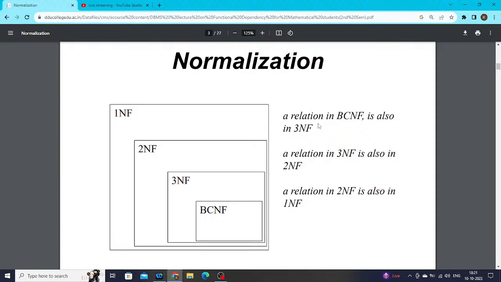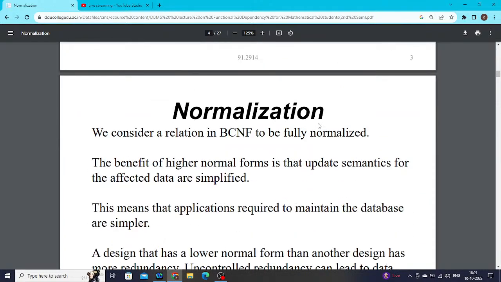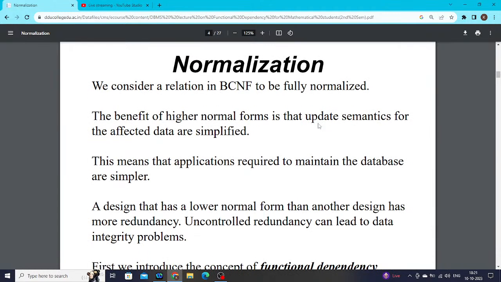So a relation in BCNF is also in 3NF, a relation in 3NF is also in 2NF, and a relation in 2NF is also in 1NF. So in normalization, we consider a relation in BCNF to be fully normalized.